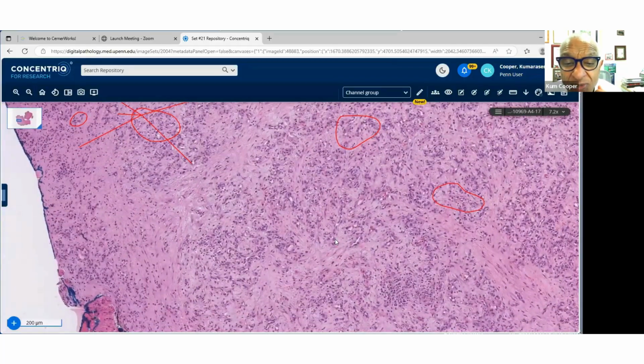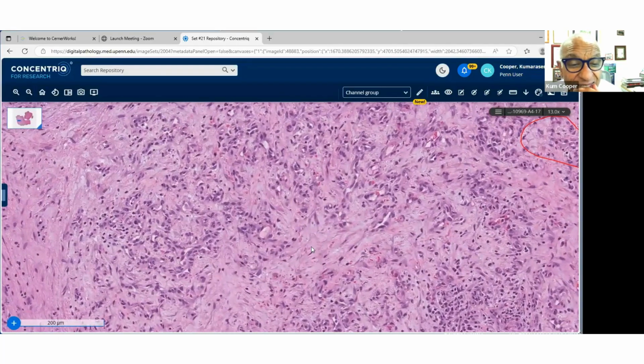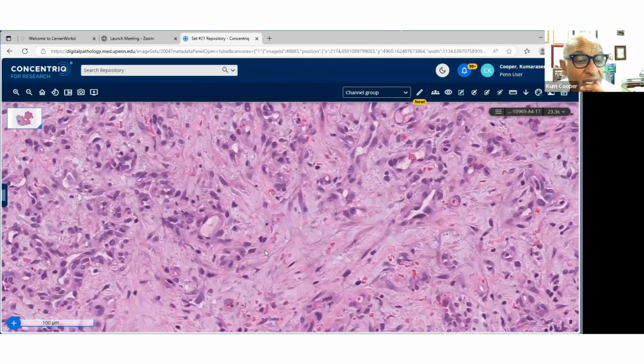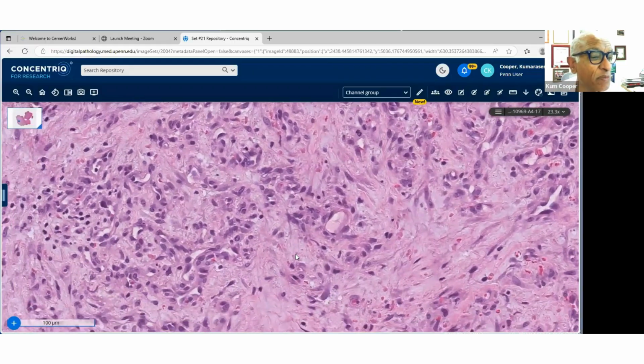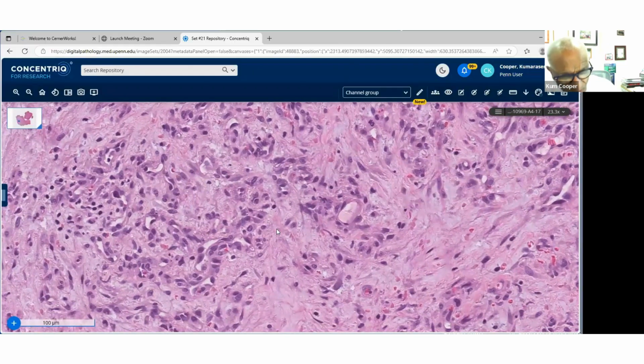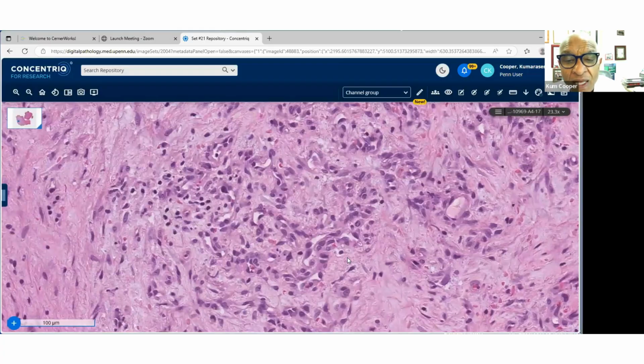You may argue there is a myxoid stroma here. Yeah, you may. Not forming cords and nests, but fine. If you wanted to do a CAMTA antibody, remember there's an antibody to CAMTA, you can do that. Or if you have the luxury of FISH, you can probe for CAMTA. So we're starting off with EHE.